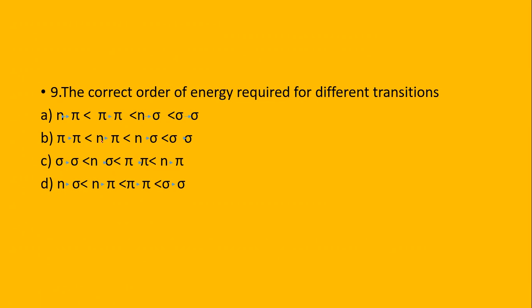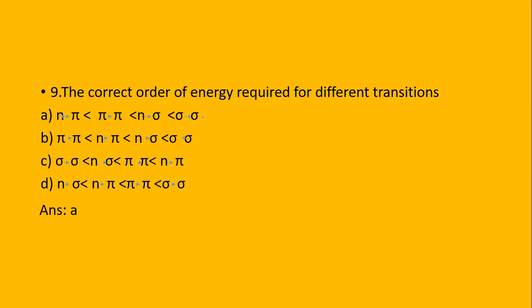Option B, pi to pi, n to pi, n to sigma, sigma to sigma. Option C, sigma to sigma, n to sigma, pi to pi, n to pi. Option D, n to sigma, n to pi, pi to pi, or sigma to sigma. The correct answer is option A.